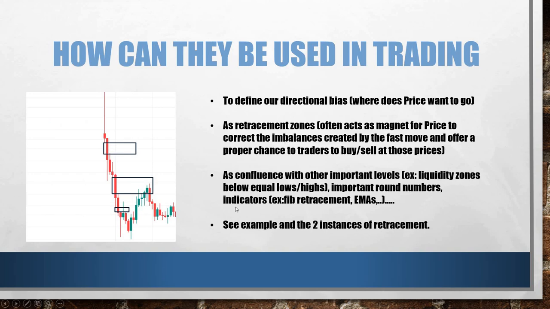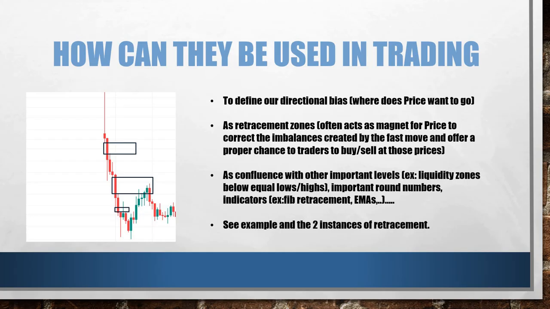So it's good to know that we have fair value gaps, all nice and sweet, but how do we use them? Basically, fair value gaps are retracement zones. They're like magnets for price.